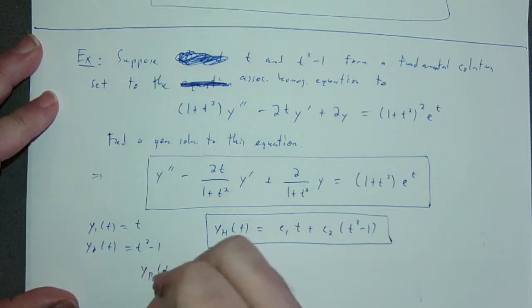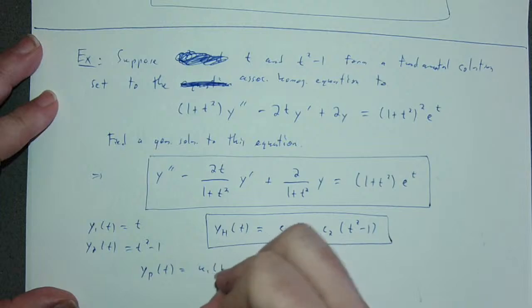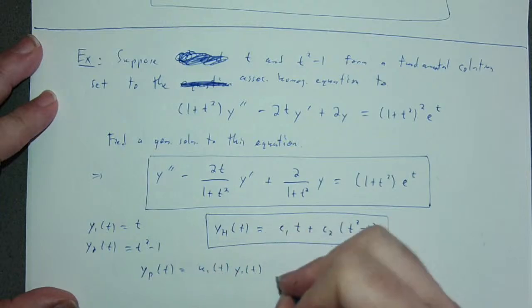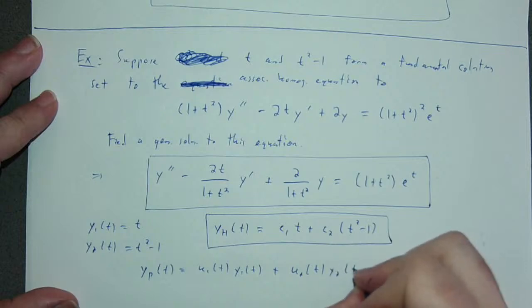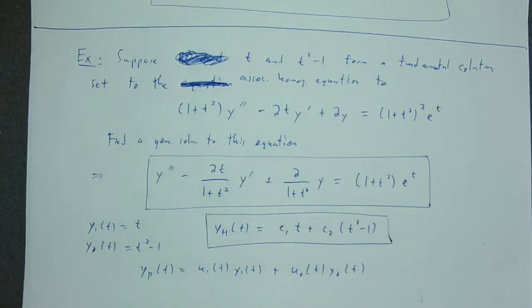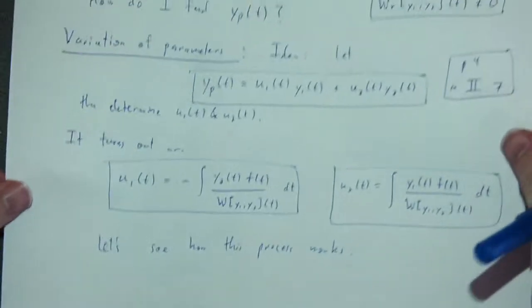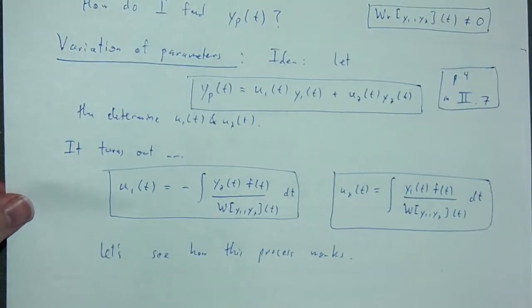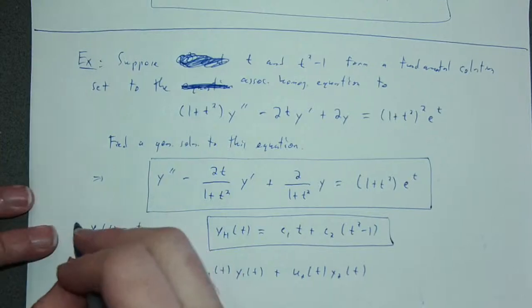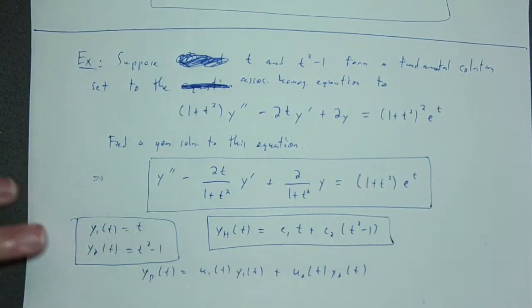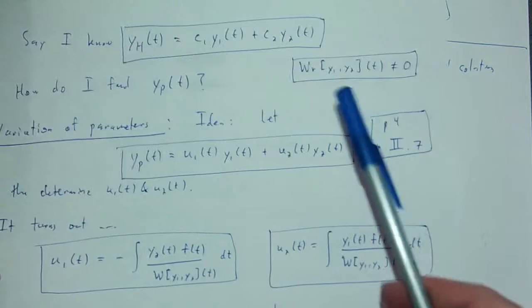The particular solution is going to be u1 of t times y1 of t plus u2 of t times y2 of t, where u1 and u2 are determined by the variation of parameters formulas. Just to remind you, there they are. I was given y1 and y2 directly, and I know what my f is.